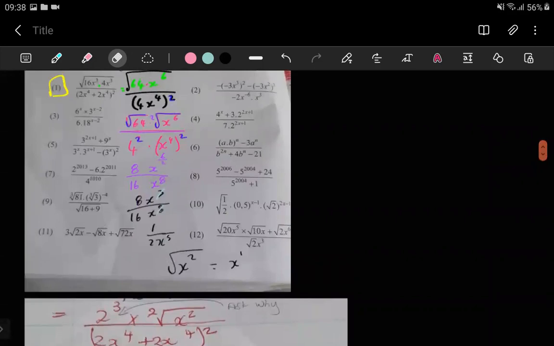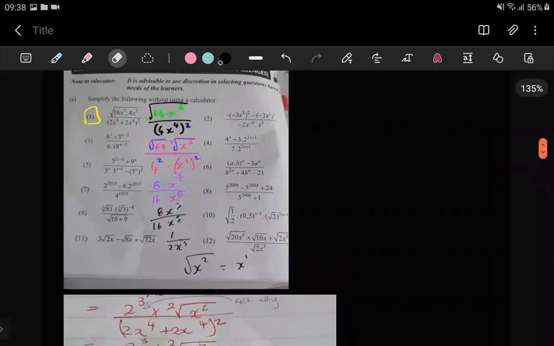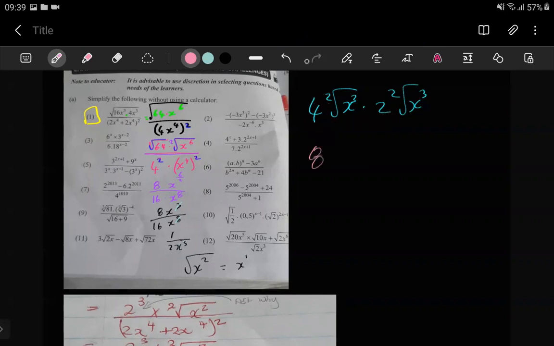Oh, wait. The only logical thing could be if they say the square root of 16 is 4, square root of x to the power of 3 would have given them this, and then square root of 4 would have been a 2, and then square root of this would have been square root of 2 with x cubed here. And then 2 times 4 is 8, which is where you can maybe have 2 to the power of 3.